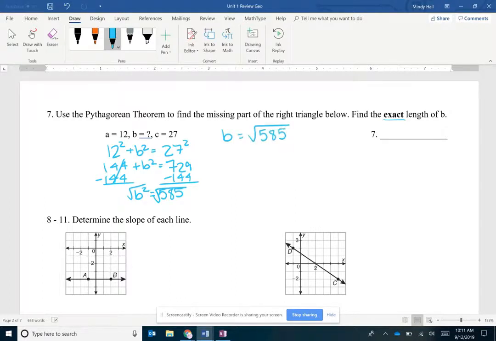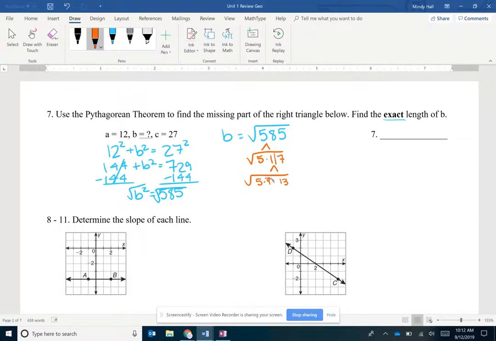So 585, I can at least divide by 5. That gives me the square root of 5 times 117. Now, although 117 may seem prime, 7 plus 1 plus 1 is 9, and you can divide by 9 anytime the digits add up to 9. If I divide by 9, I find out that 117 breaks into 9 times 13.